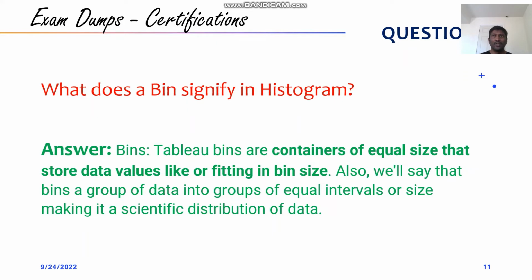For example, if I need 1 to 100 classified into buckets, 1 to 10 is one bucket, 10 to 20, 20 to 30. Each 10 is my bin size. So 10 bins will be created and the data will fall under them based on the category, 1 to 10, 10 to 20, 30 to 40, whatever that is.